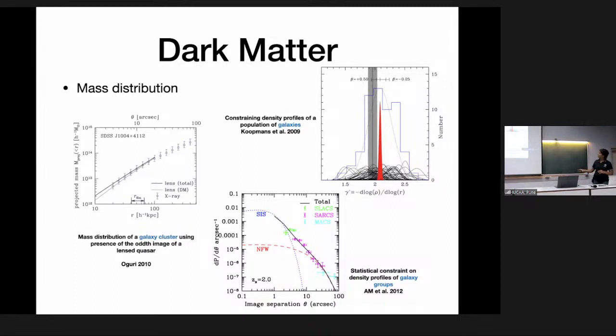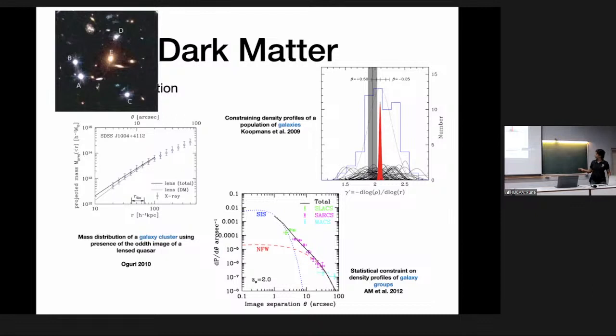Plus we are also looking at how the X-ray gas is distributed and what sort of mass distribution it implies. So there are multiple methods being combined to constrain the mass distribution of a galaxy cluster using all these different observations.